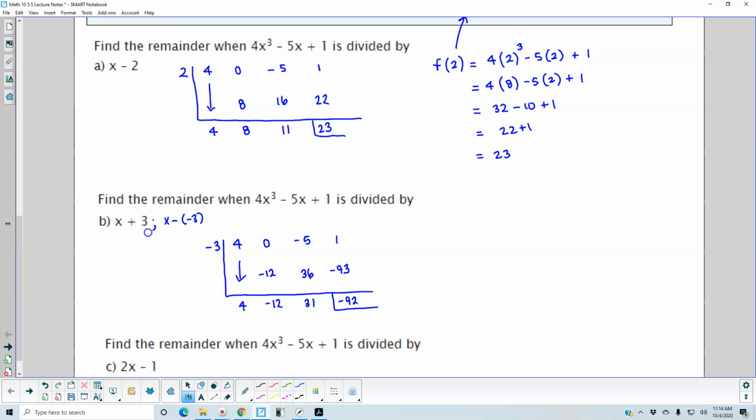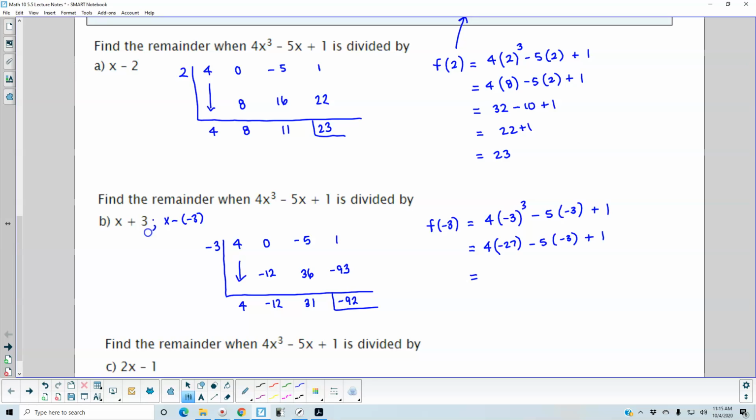Now again, since the value of k is -3, we can plug that into our function. So it's going to be 4 times -3 cubed minus 5 times -3 plus 1. So this becomes 4 times -27 minus 5 times -3 plus 1.